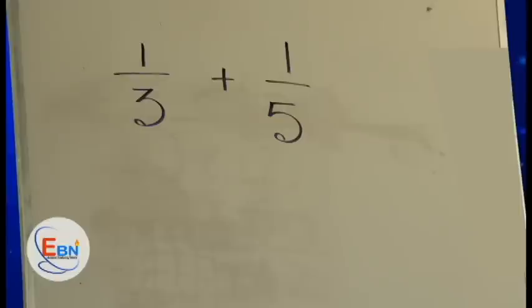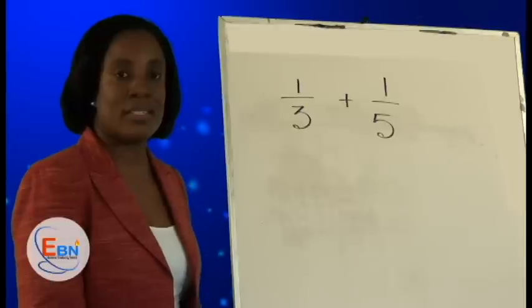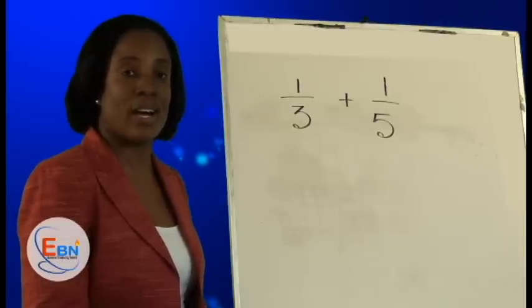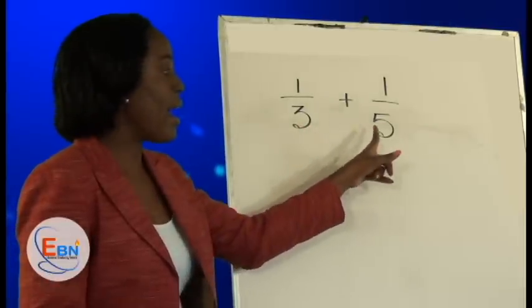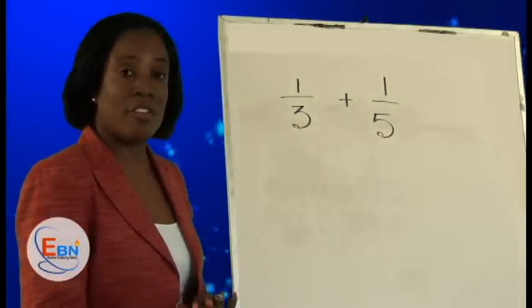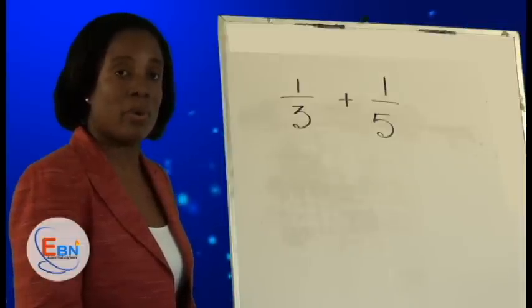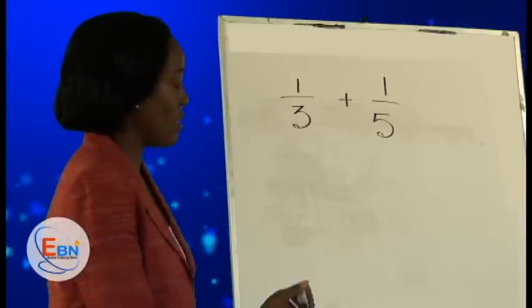One of the ways to do this is to find the LCM of the denominators. In this case, our denominators are 3 and 5. Therefore, our LCM will be 15.